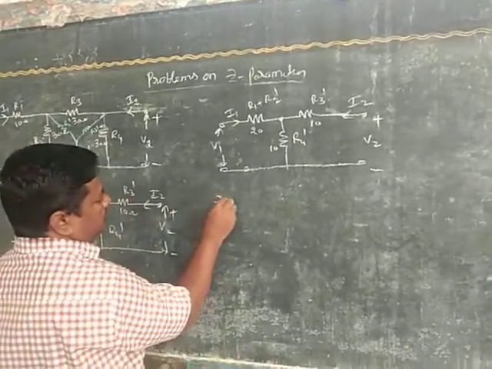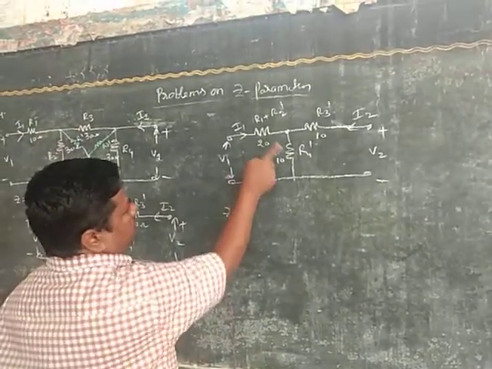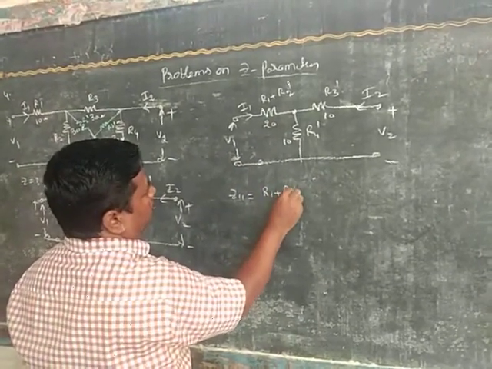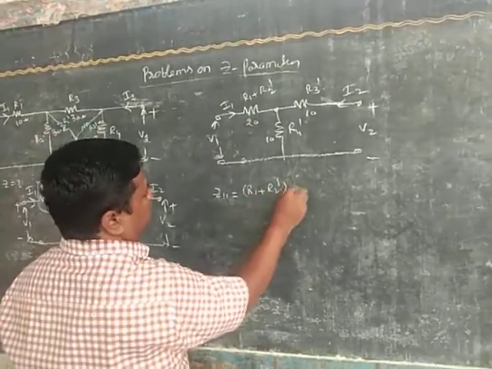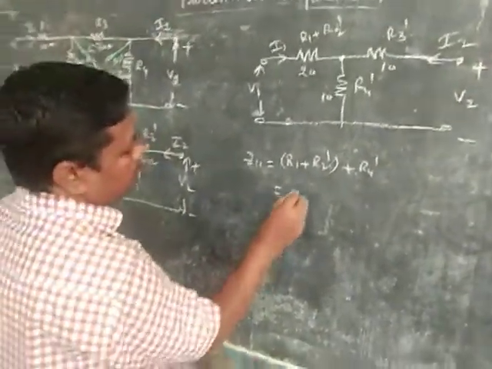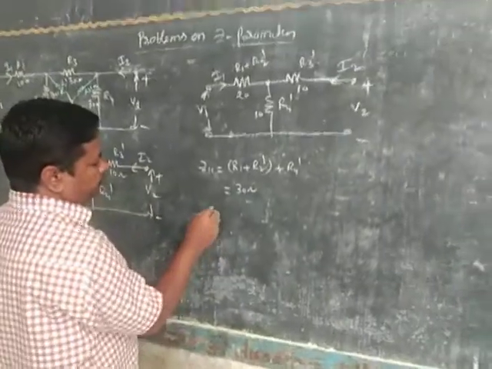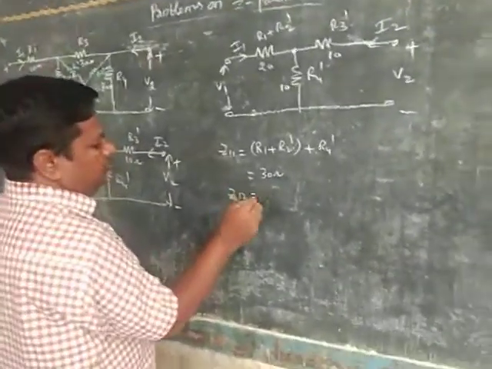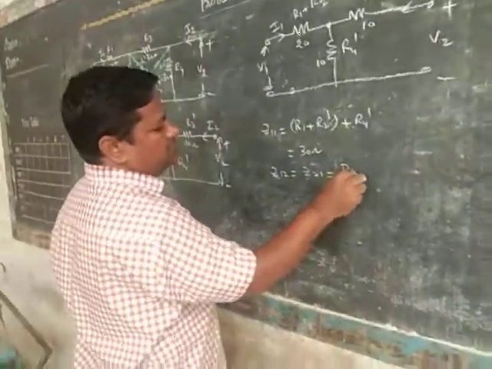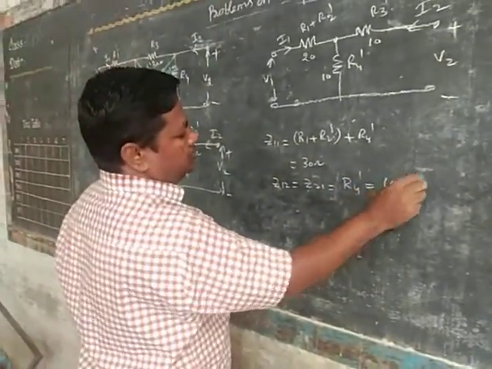So directly Z11 is equal to the sum of these two, R1 plus R2 dash plus R4 dash, that is equal to 30. Then Z12 or Z21 is equal to only R4 dash, that is equal to 10.